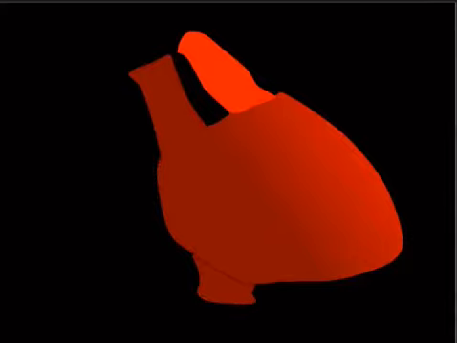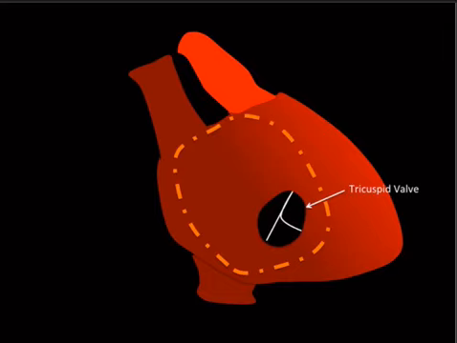So let's talk about the different ASD types. So here's a heart, and let's say we'll cut a hole in the heart to have a look inside. There's a tricuspid valve. So if you have an ASD that's near the vein or near the SVC, I'll call that a sinus venosus, V for vein.